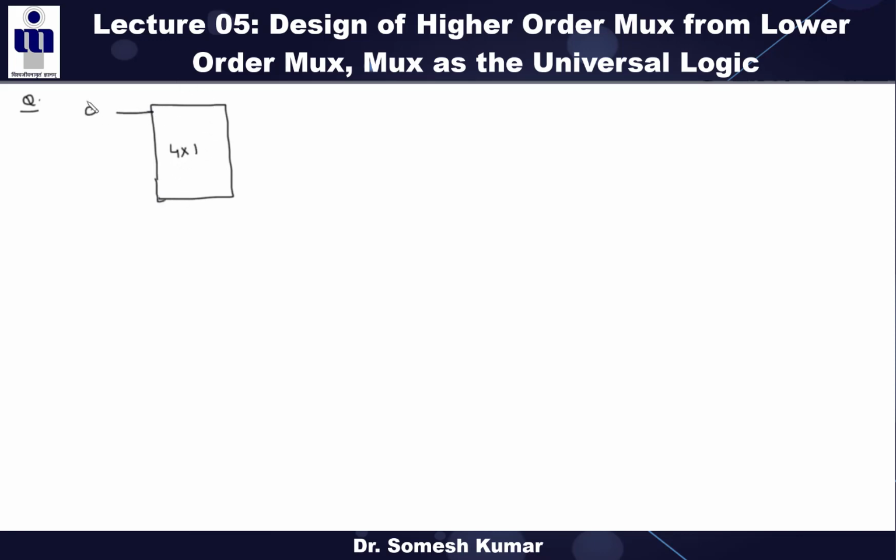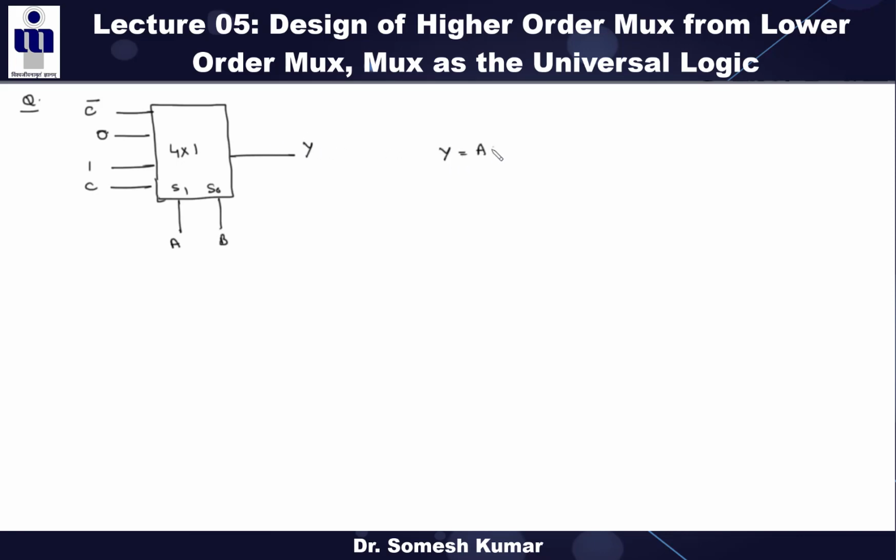This is C naught. This is 0. This is 1. This is C. Right. And this is your A. This is your B. And this is S naught. So you have to minimize for the output Y. Right. So here I am directly writing the answer.